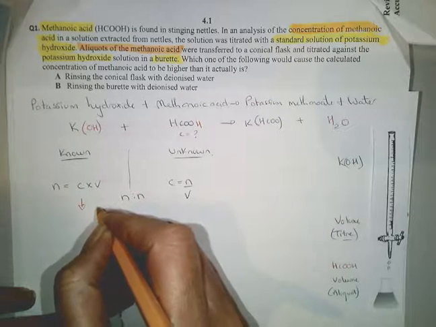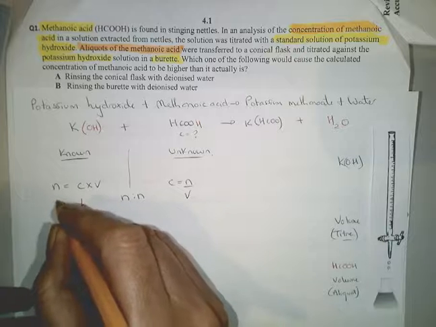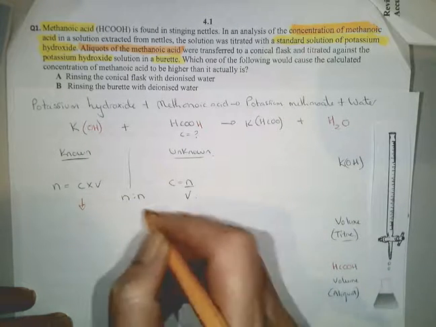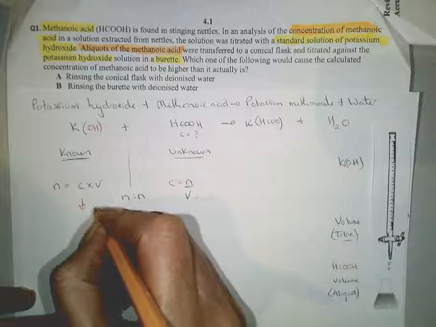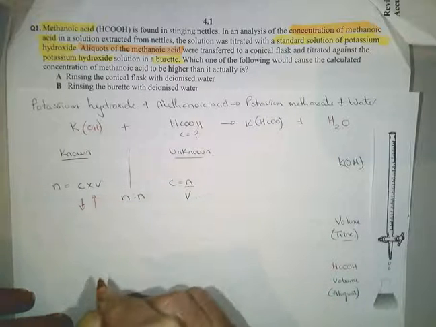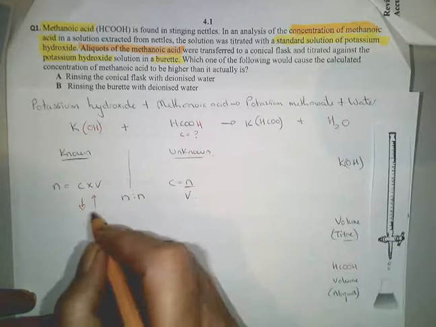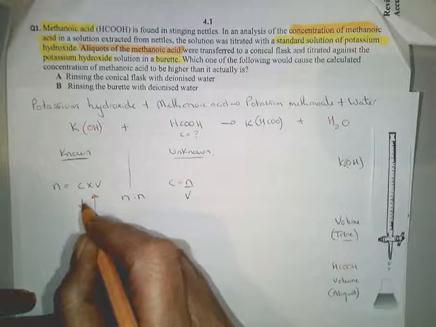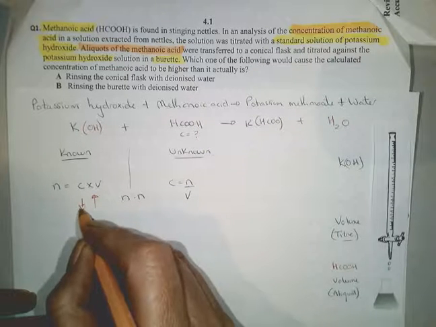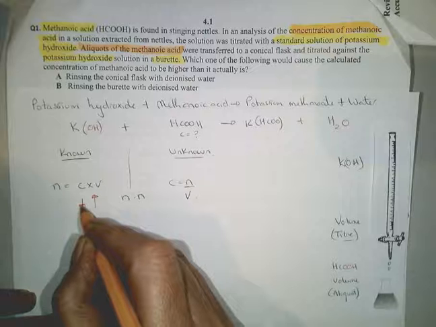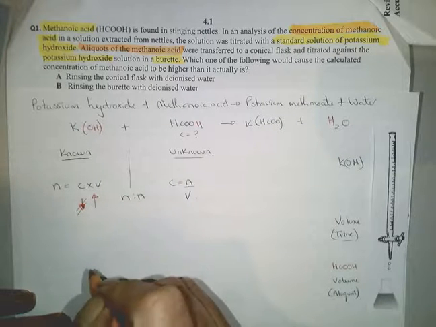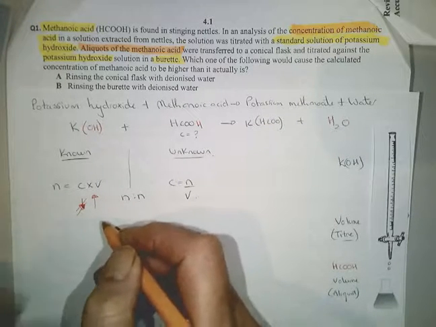So the volume that you would need to get the same number of moles to react with this, because it'll be the same number of moles in here, the volume that you need must go up. The thing is, you would not know that the reason that the volume was larger than it should have been was because the concentration had gone down. You wouldn't have known that the concentration had gone down if this was an error.